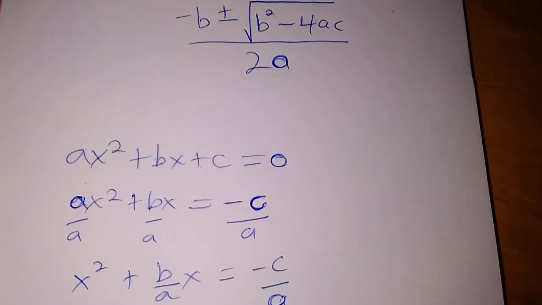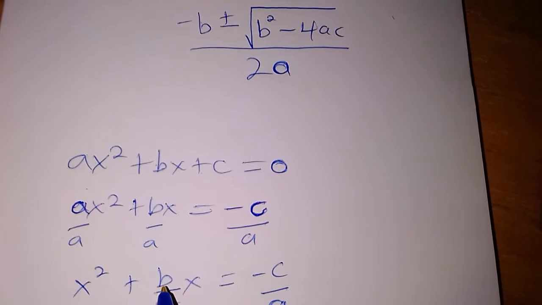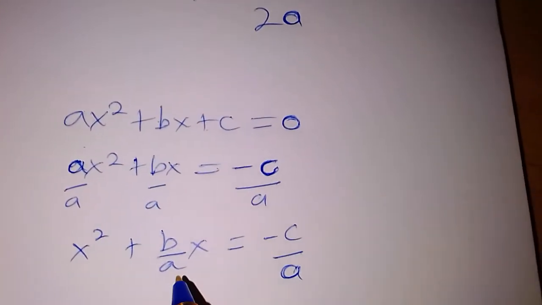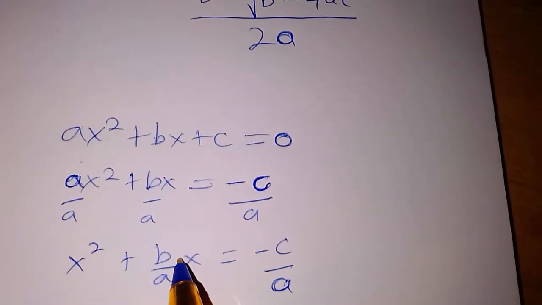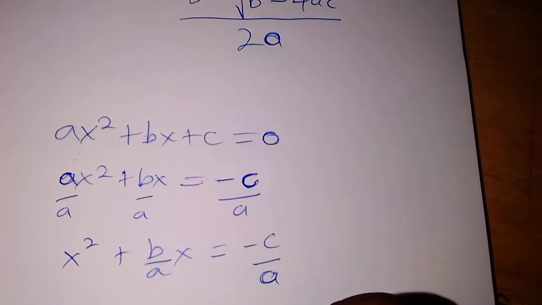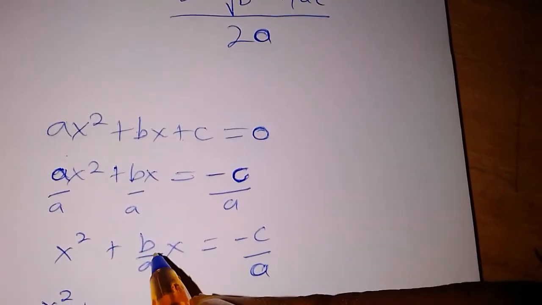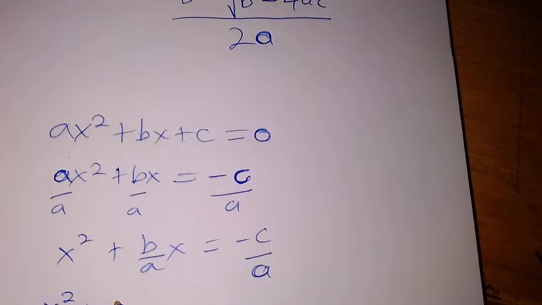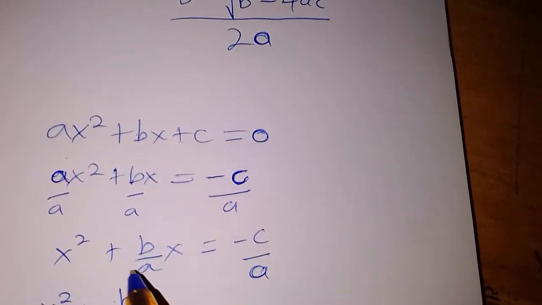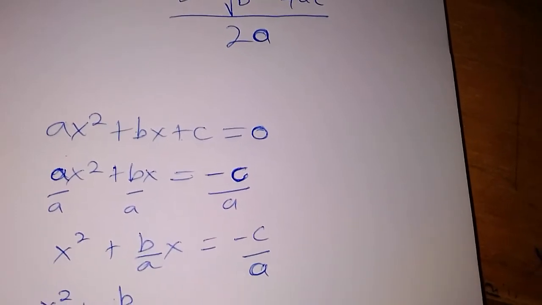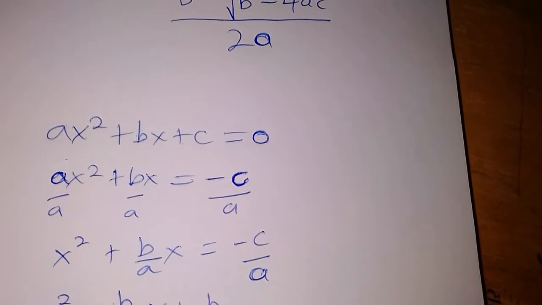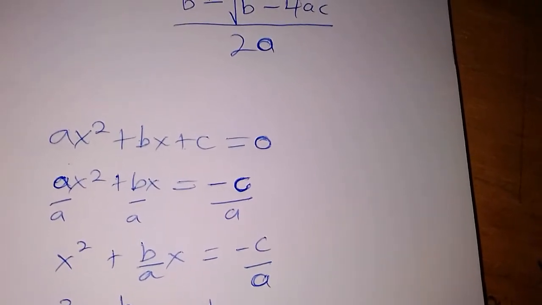Next, you find half of the coefficient of the middle term. The coefficient of the x is the middle term, so find half of that. Then you square it, then you add it to both sides of the equation. So we have x squared plus b over a x, where half of b over a is b over 2a, then plus b over 2a squared.